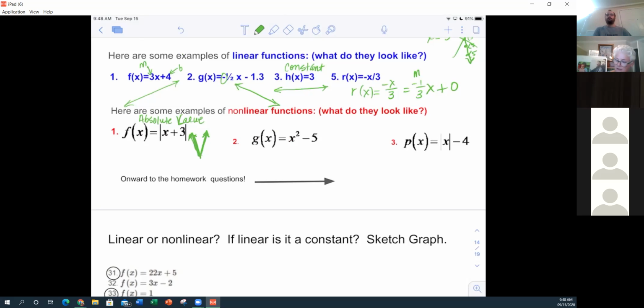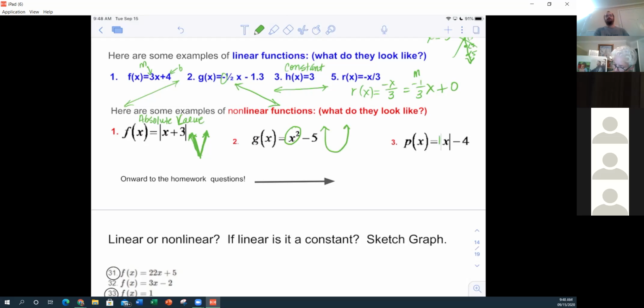Now these are all functions, but they're not linear functions, and in this lesson we're being asked to designate between functions that are linear and functions that are not linear. So what does an x squared function look like? Like a parabola. It always looks like some kind of a U. Again, that is not linear.